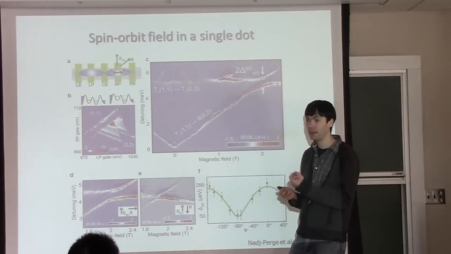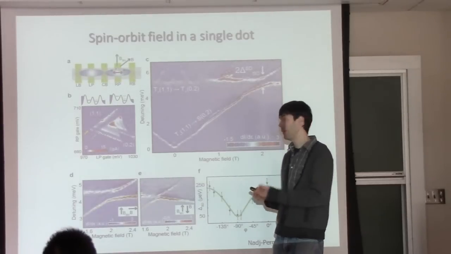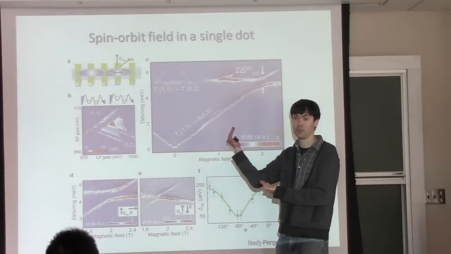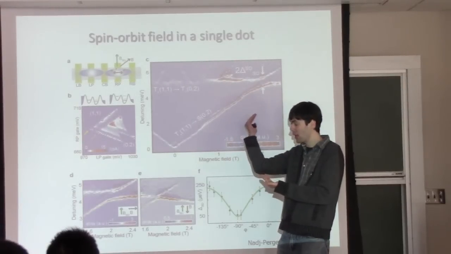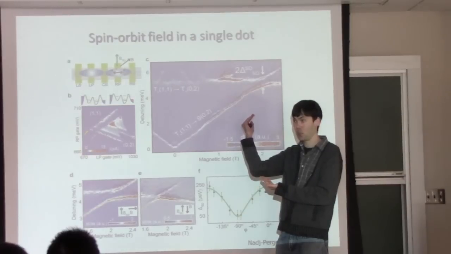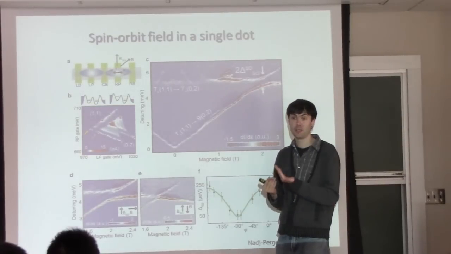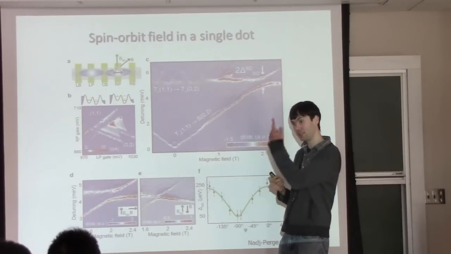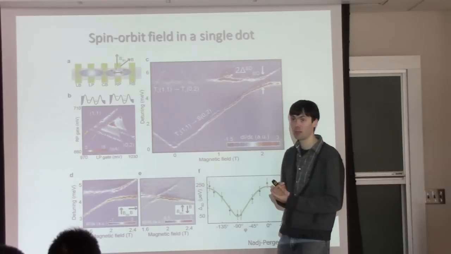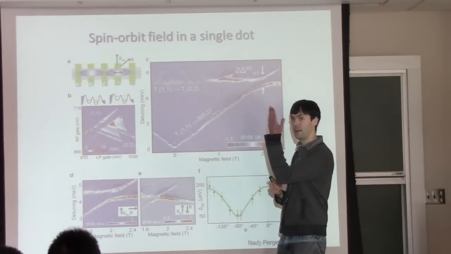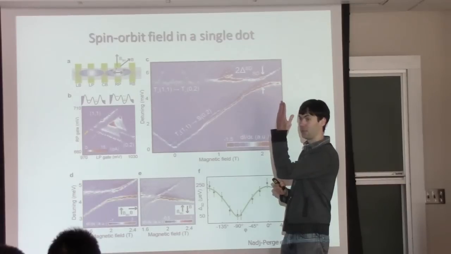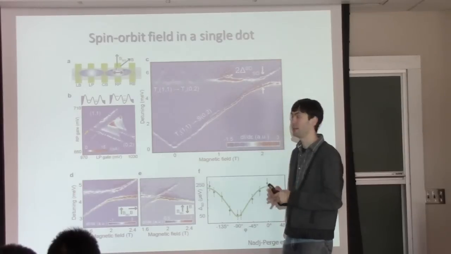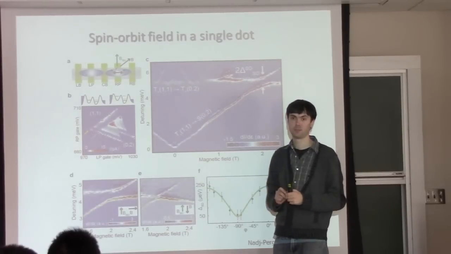So when we align the external field with the spin-orbit field, the two fields just add up to each other. So the spin-orbit field has no capability of mixing spins because it contributes to the spin quantization direction. Spins are always defined according to some axis, spin up and spin down. In an external magnetic field, spins want to align along this axis. So if a spin-orbit field is perpendicular to that, it will try to rotate spins from that axis and couple singlets and triplets.